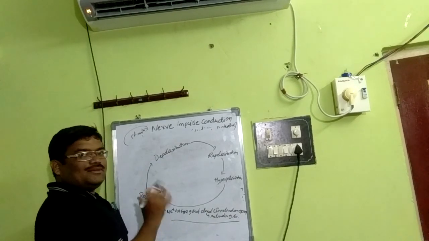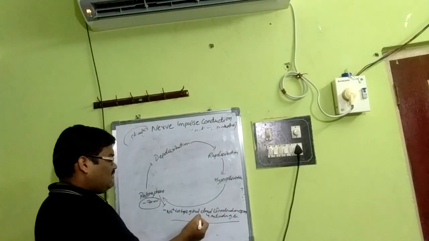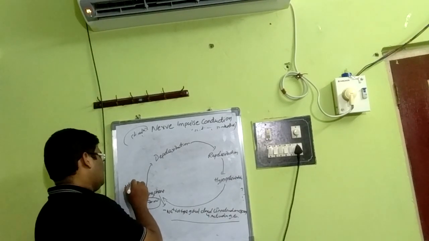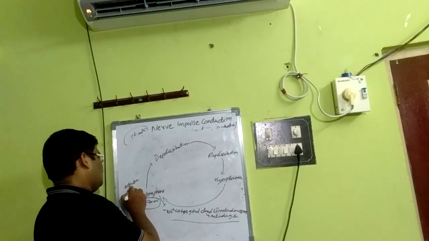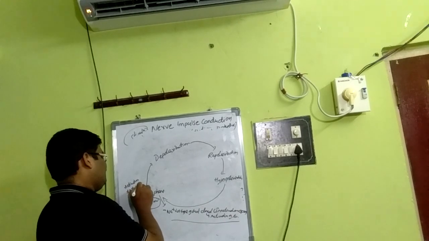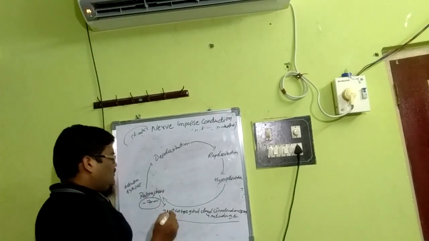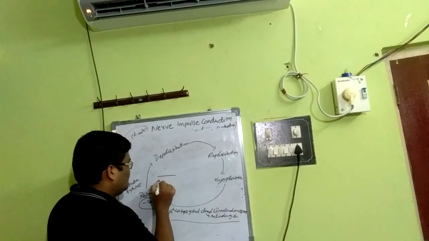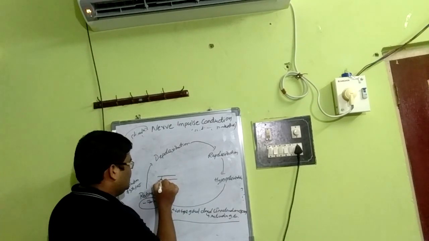Whereas when there is a stimulus, both, that means the activation gate of sodium opens. For example, here this is the nerve impulse, this is the sodium gated channel, both gates open.